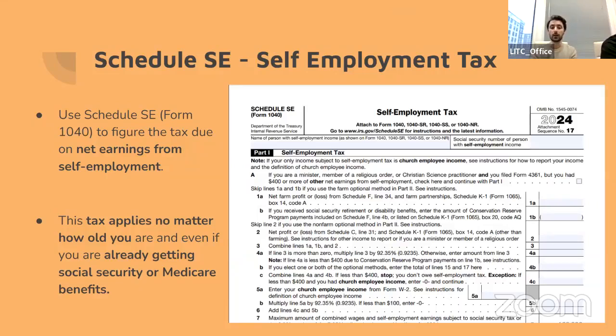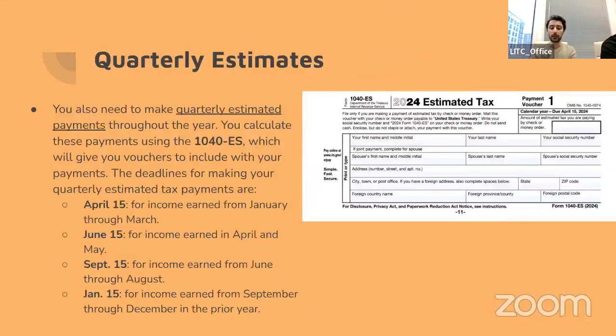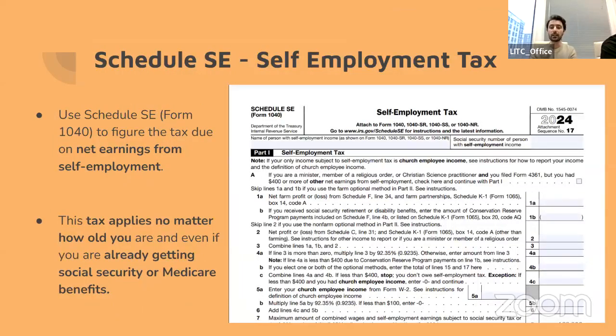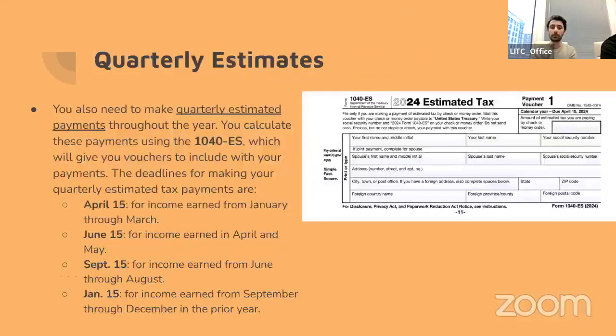So this is pretty much applicable to everybody, and is a fairly understandable form. You really need to just understand that at the end of the day, you are going to be paying about 15% of your income through this form.